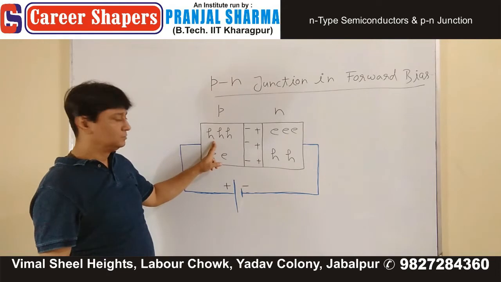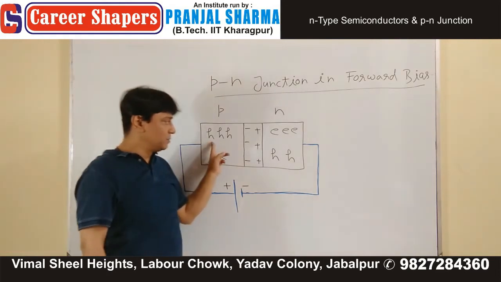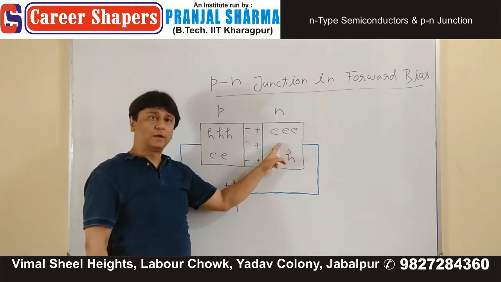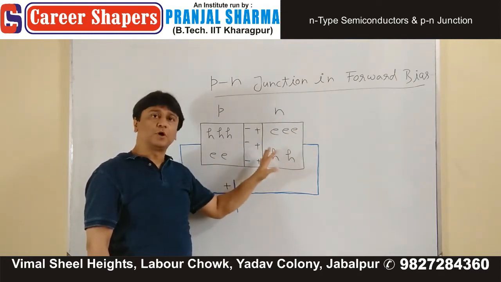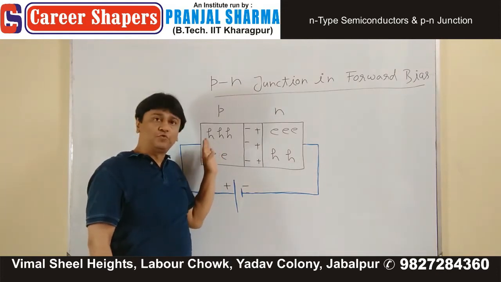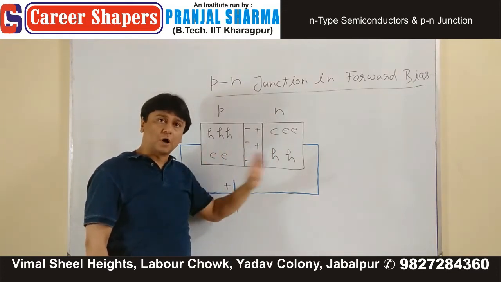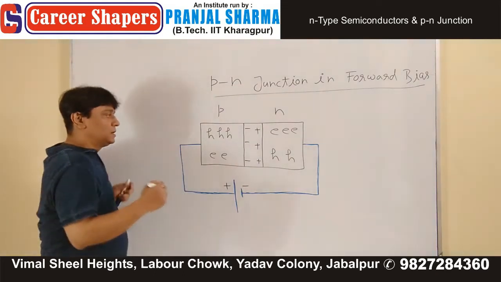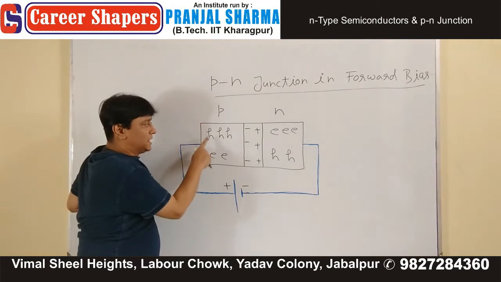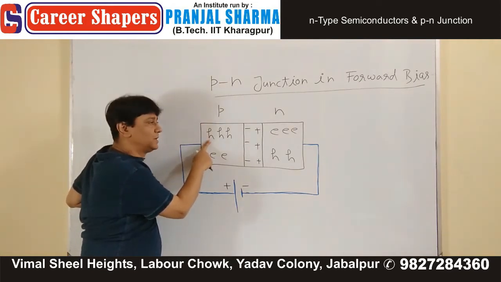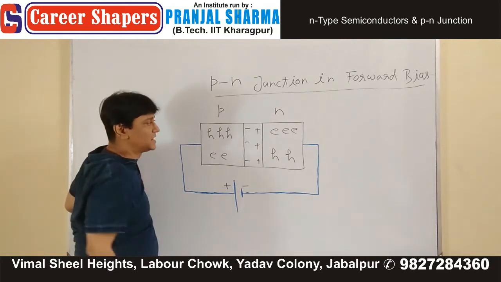This hole is not able to cross over to this region. Why? Because this side is positively charged, hole is also positively charged. So further diffusion stops. Now, let's talk in joules for easy understanding.